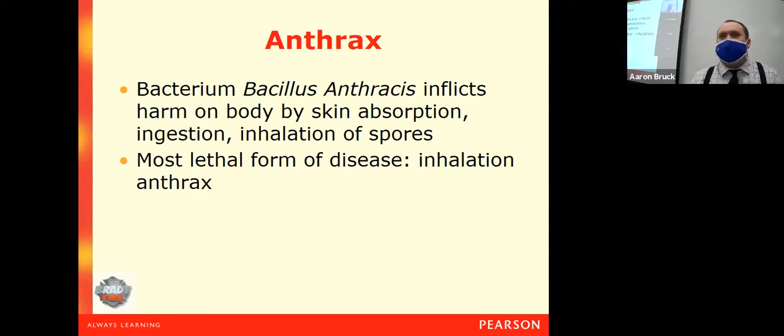Obviously, as is the case for most substances, the inhalation hazard is the most dangerous. Inhalation anthrax is the most dangerous and the most lethal form of the disease. Bacteria are getting directly into your bloodstream, and they can go after your body systems much more directly than if they have to be digested or absorbed through the skin first.